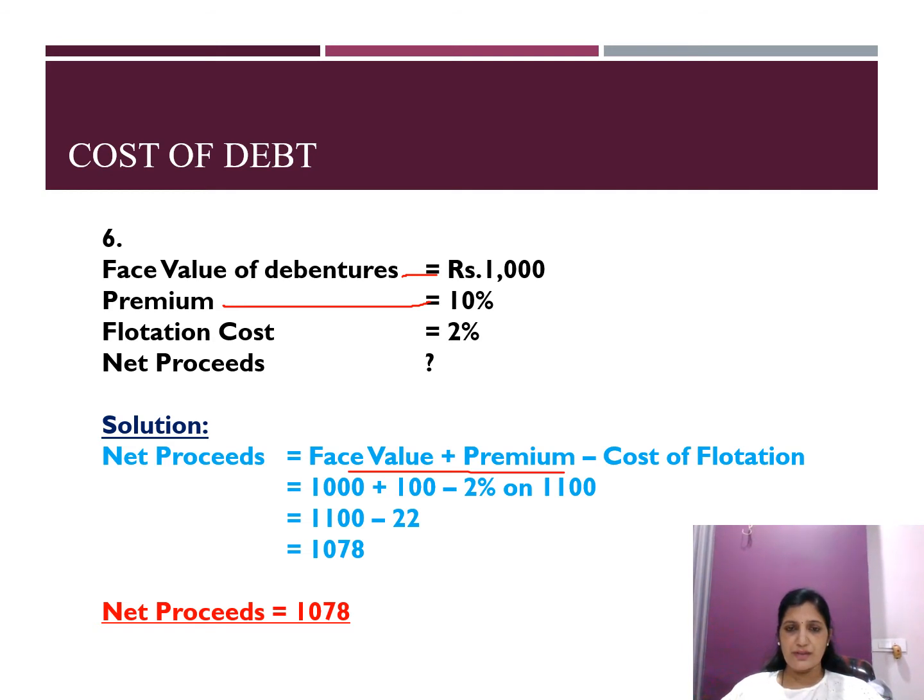It is 10%. 10% of 1000 is 100. So that I have taken. Minus 2% on 1100. Clear about this? How did you get this 1100? 1000 plus 100 is 1100. So 1100 minus 22, you will get 1078. So this is the net proceeds.